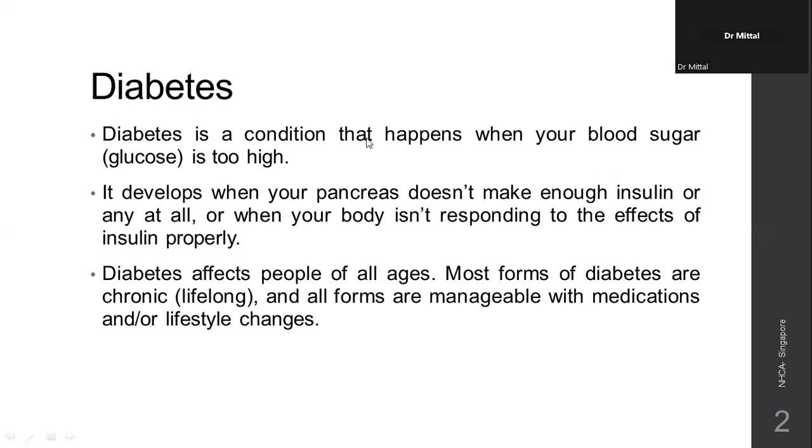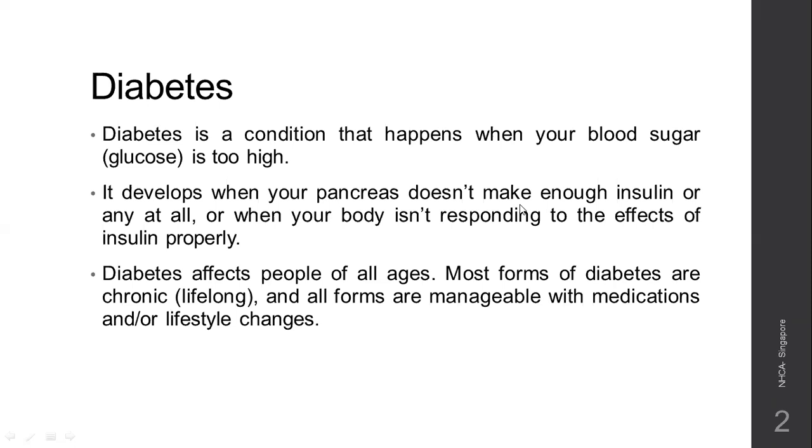So diabetes is a condition that happens when your blood sugar levels stay high, okay? It develops when your pancreas does not make enough insulin, or it is making insulin, but your body isn't responding to it.